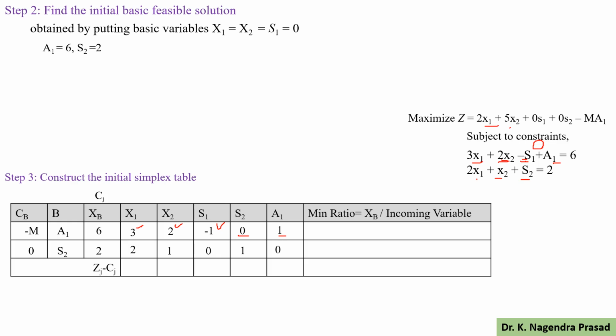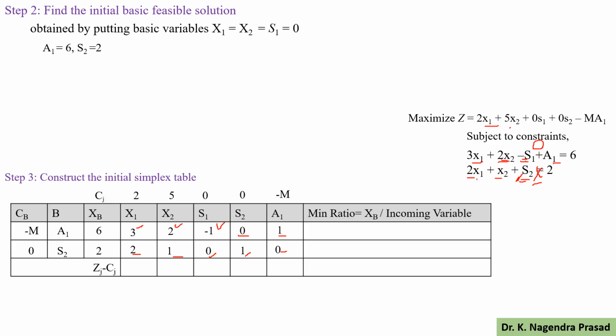Similarly, observe the second constraint equation. Here x1 coefficient is 2, x2 coefficient is 1, there is no S1, so its coefficient is 0, S2 coefficient is 1, and there is no A1, so its coefficient is 0.